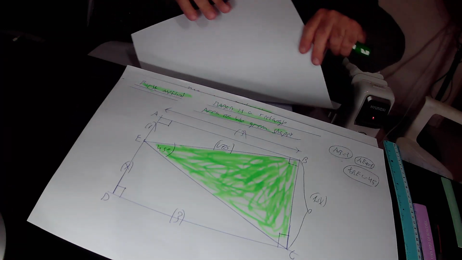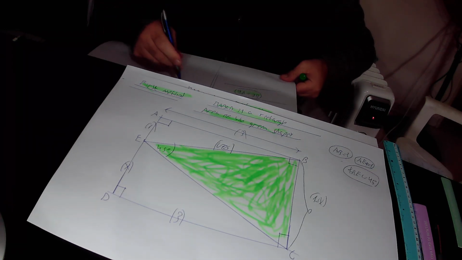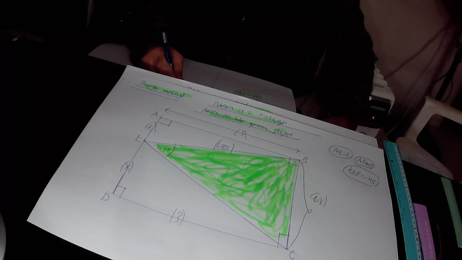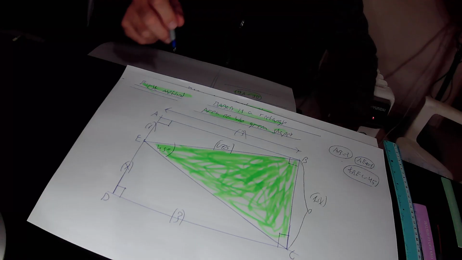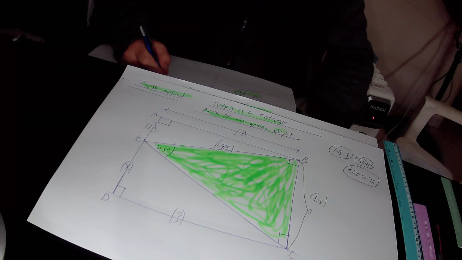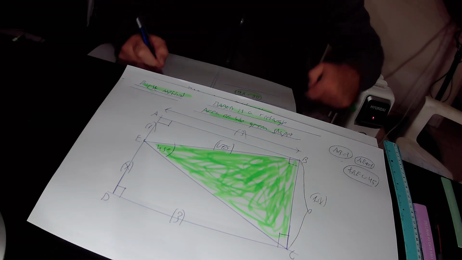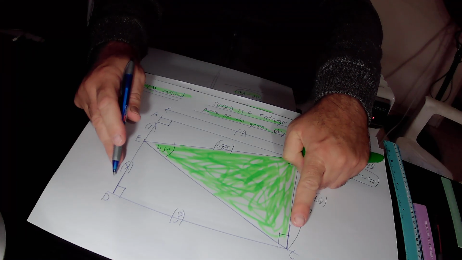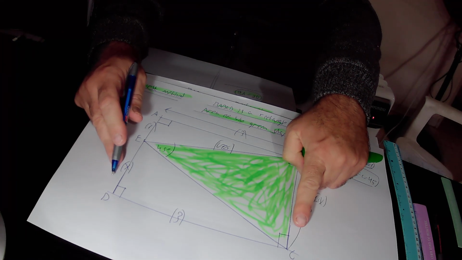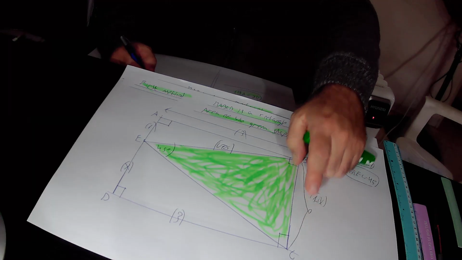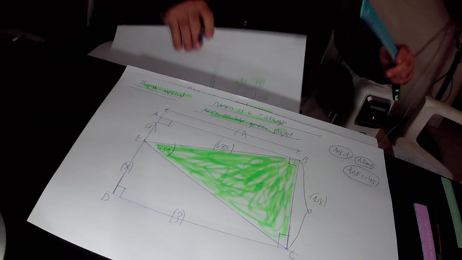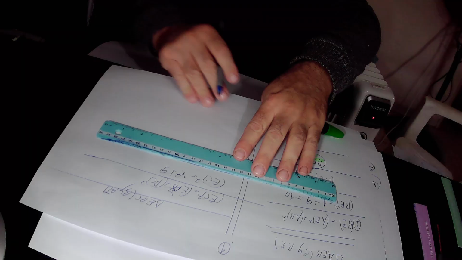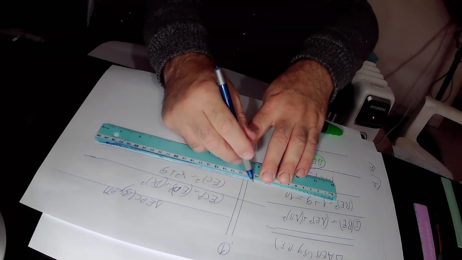EC is the missing hypotenuse, so we leave it as it is, so EC squared equals ED squared. ED is x, therefore ED squared is x squared, plus DC squared. DC is 3, therefore DC squared is 3 squared, that is 9. So in total, EC squared equals x squared plus 9.